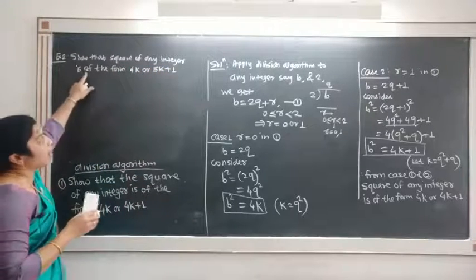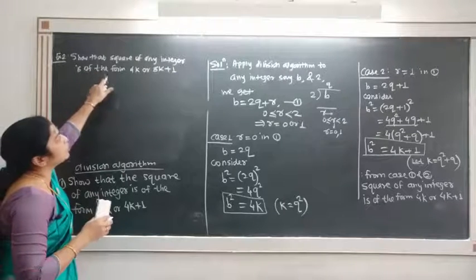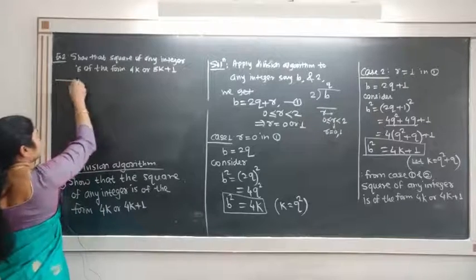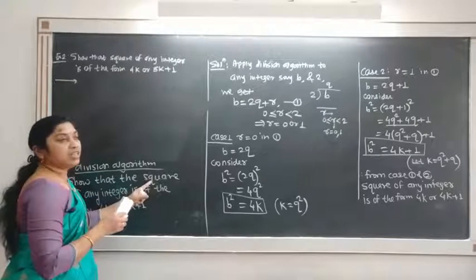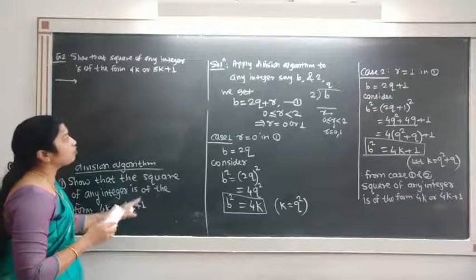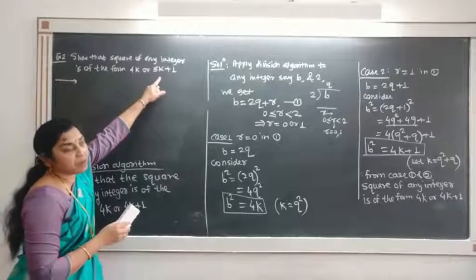We want to prove that the square of any integer is of the form 4k or 8k plus 1. So we will see the same example. Instead of 4k or 4k plus 1, we want to prove it is 4k or 8k plus 1.